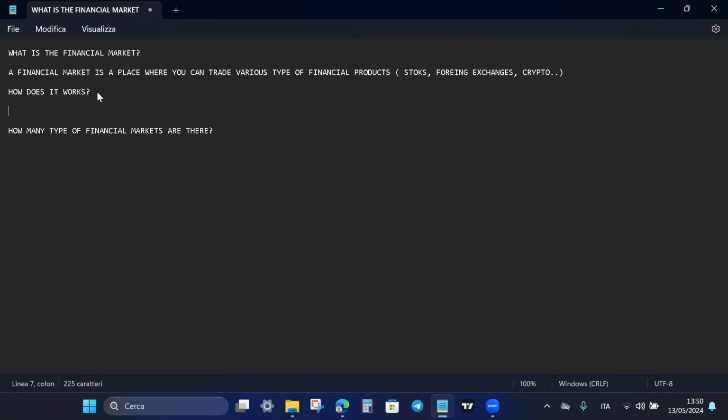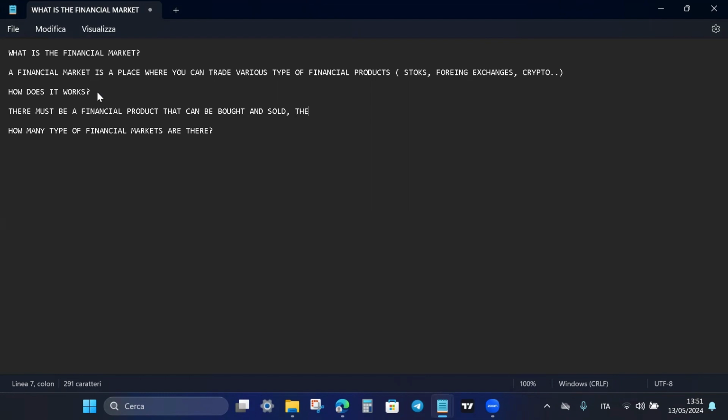To understand how it works, we need to understand that there must be a product, let's say a financial product, that can be bought and sold.